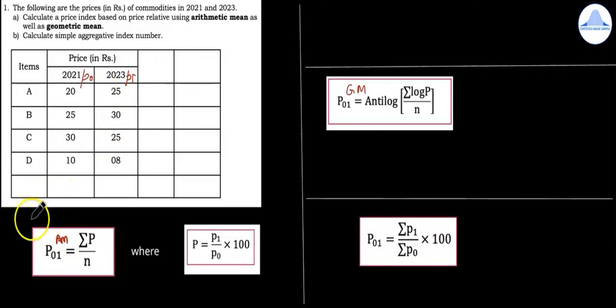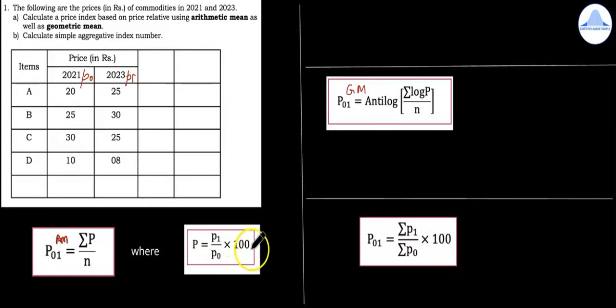So the first subdivision is we have to calculate the simple arithmetic mean index number, or it's also called the unweighted arithmetic mean index number. The formula is P01, you can write within brackets AM, that is arithmetic mean, is equal to summation capital P by N, where capital P is called the price relative, which is P1 by P0 into 100.